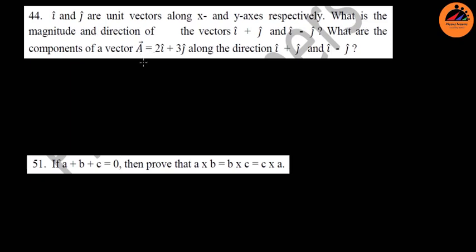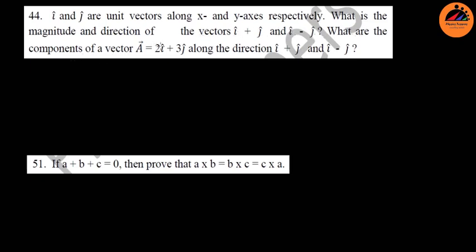So this is another problem. See, i cap, j cap are the unit vectors along the x and y axis respectively. What is the magnitude and direction of the vectors i plus j and i minus j?